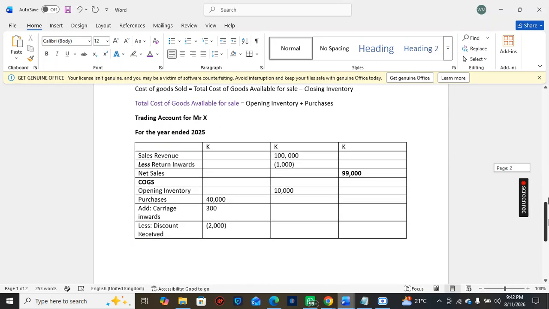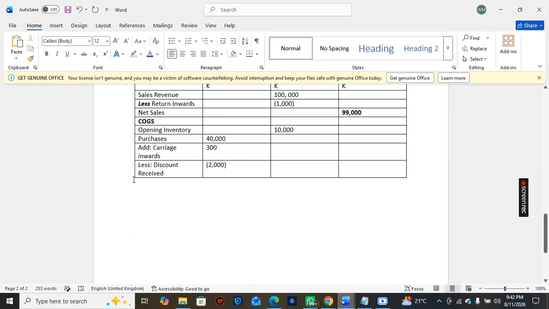Oh, no, not customers. I mean, once the cement reaches your container, you find cement worth 200 kwacha is destroyed. So you return it back to your supplier. That cement worth 200 kwacha was destroyed. So you say less return outwards.